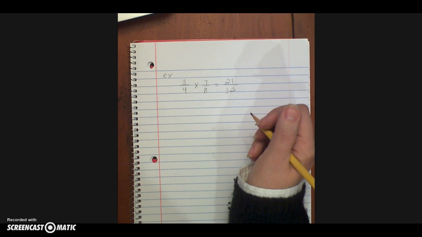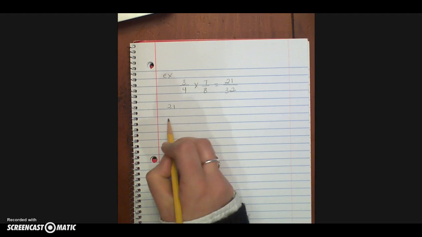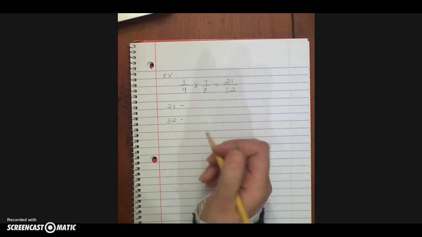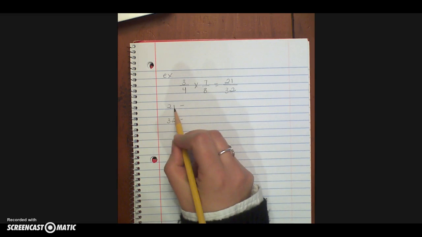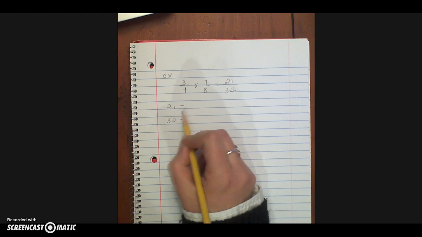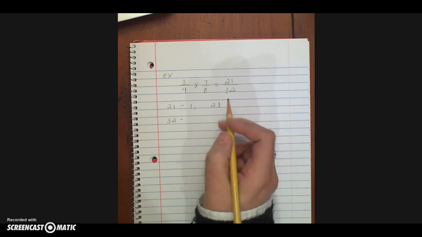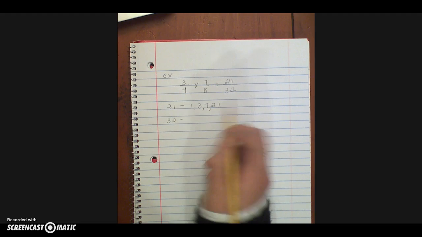The way to determine if you can simplify is to see if they have a GCF. So we're going to find the dancing pairs of 21 and 32. If you remember, for dancing pairs, that is what times what equals 21. Well, we have 1 and 21, and we have 3 and 7.